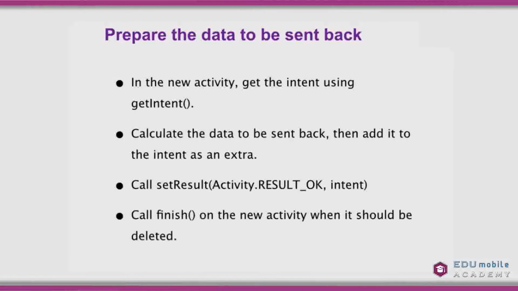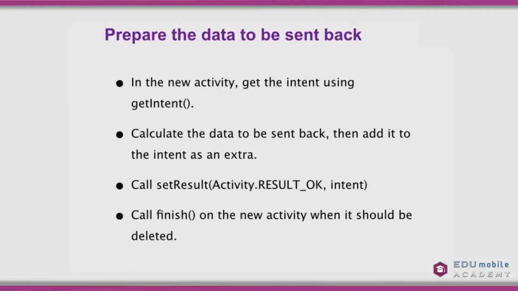To set it, we call setResult for that activity with its intent, the intent that we just added stuff to. So the result, Activity.RESULT_OK, is a result code. In this case it's saying that I certify my new intent to be okay for the old activity to consume. And then we pass back the intent.